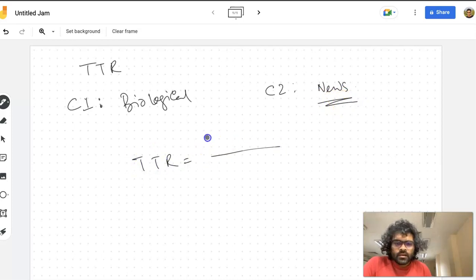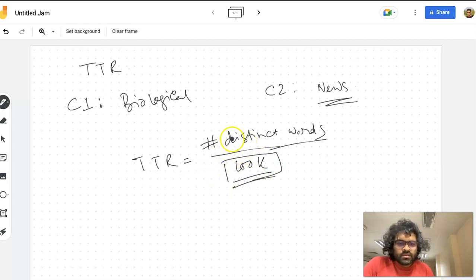TTR is the number of distinct words over the number of total words. I have written in the question the total words is 1000k, so it is fixed. Now if distinct words are high, then TTR will be high. For which corpora will distinct words be high, biological or news?